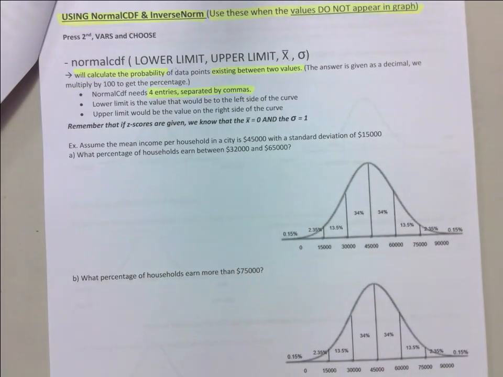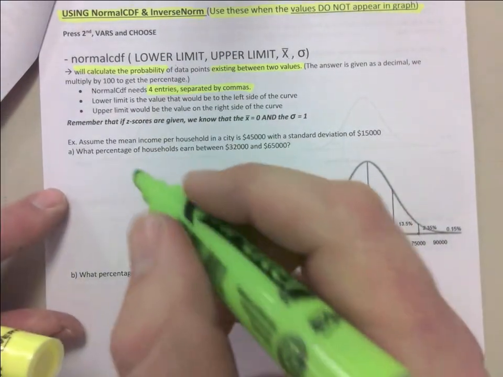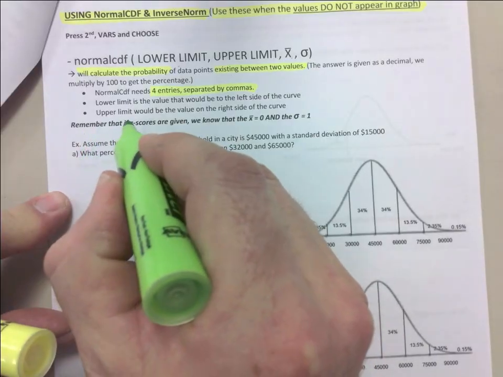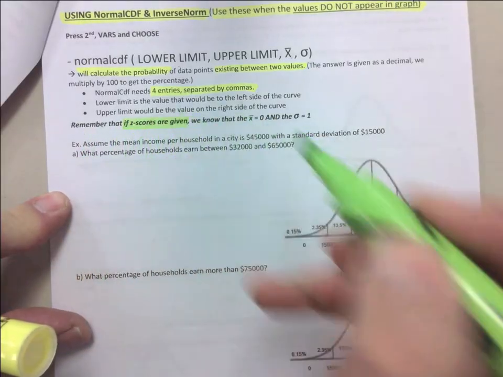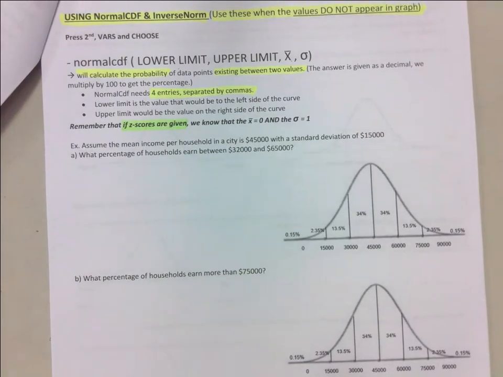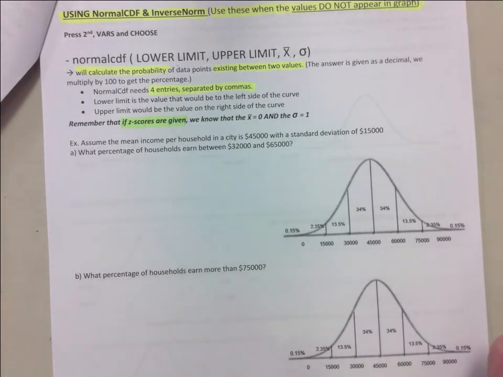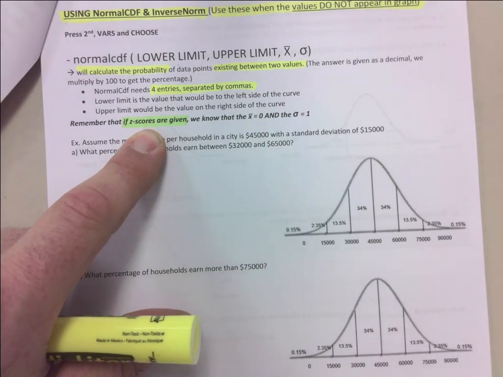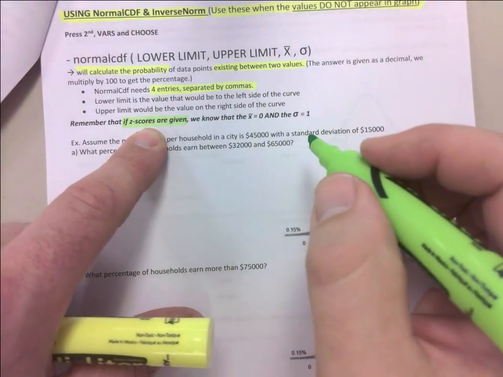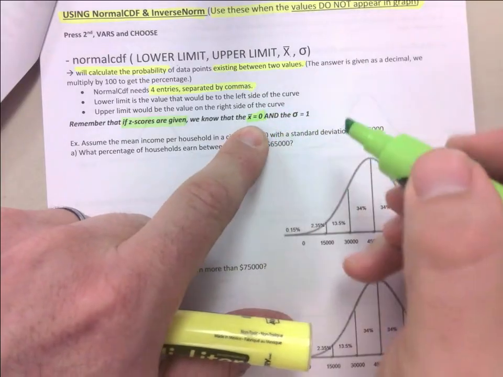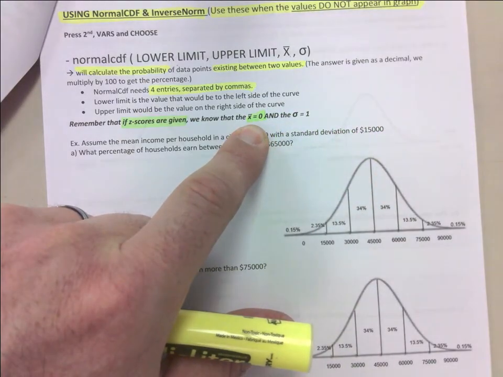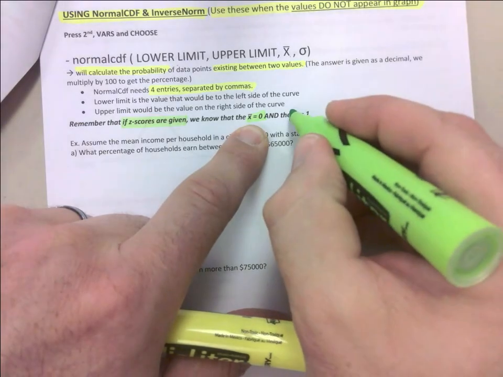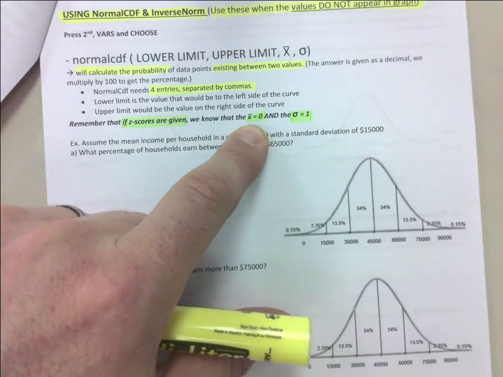Okay, I'm going to switch colors here. If z-scores are given, I'll say this many times so you remember. If I give you a z-score instead of the actual height of a person, you should immediately know that your mean is 0. For a z-score, the mean is where 0 is, and the standard deviation is 1.